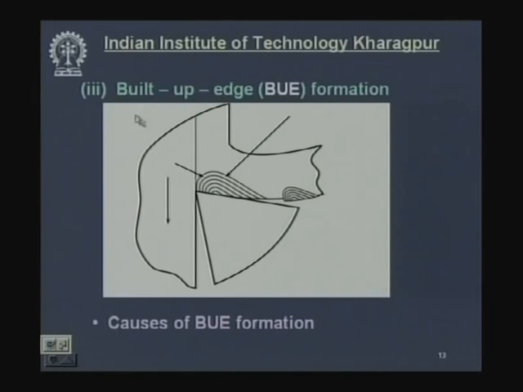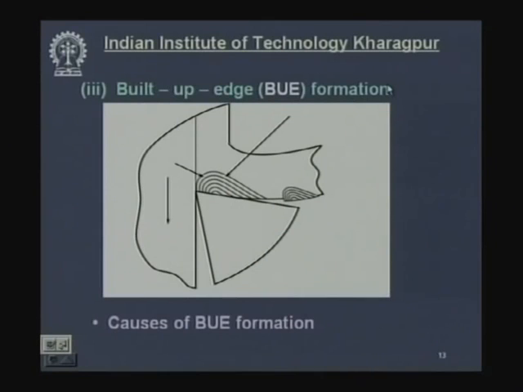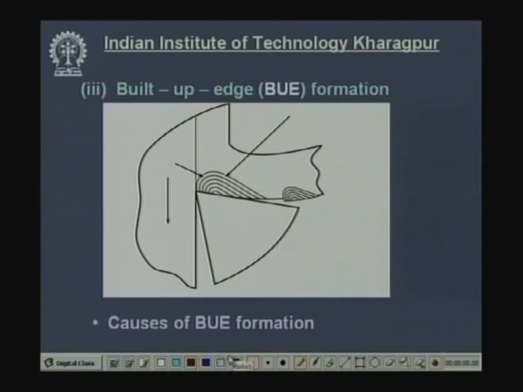Now, let us come to built up edge formation. This is a problem in machining, particularly ductile materials, not all materials, but some of the materials which are sticky or chemically sensitive. What is built up edge? Now, here you see in this diagram, this is the cutting velocity.